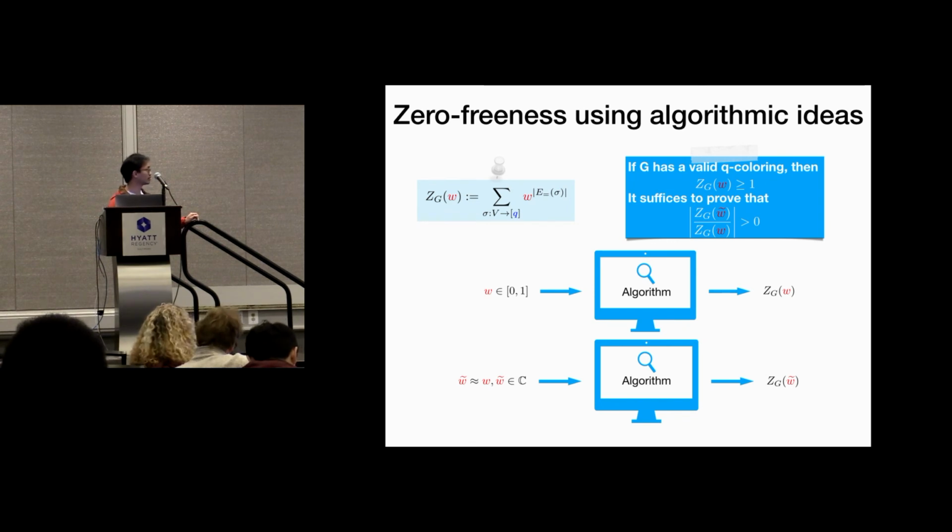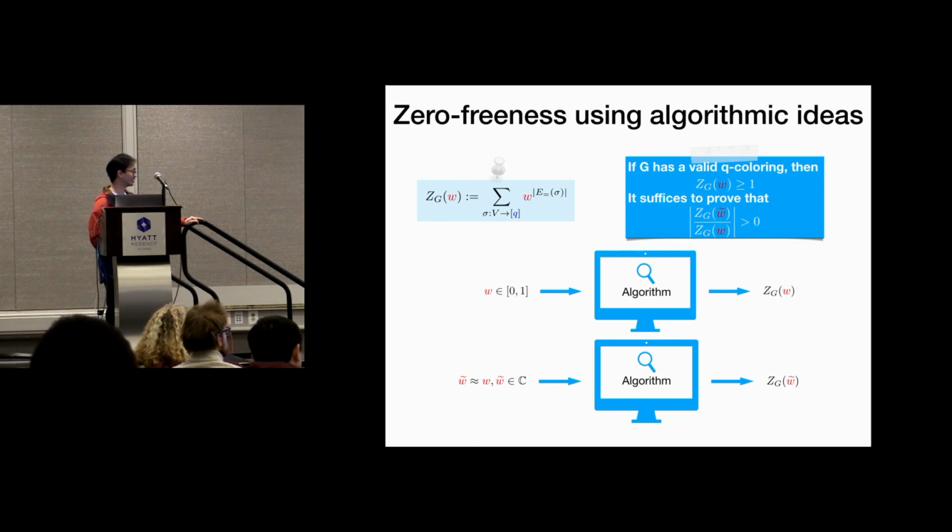But now, when we consider W tilde on the complex plane, if we can somehow compare these two partition functions through an algorithm. Suppose that there's an algorithm that on input W computes the partition function, and similarly, on input W tilde, outputs the partition function at W tilde.